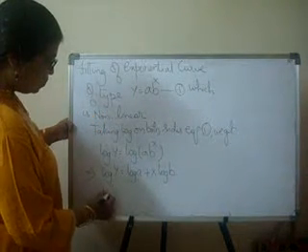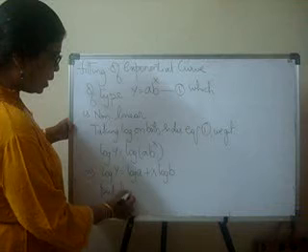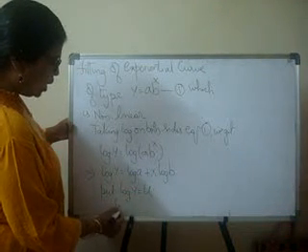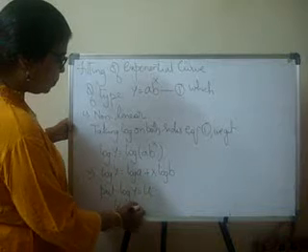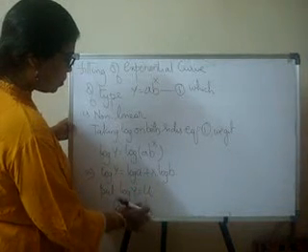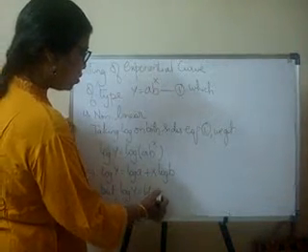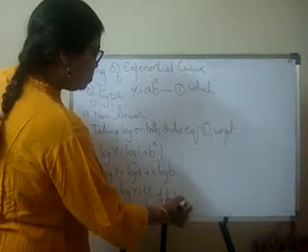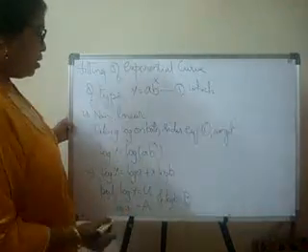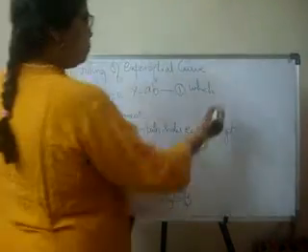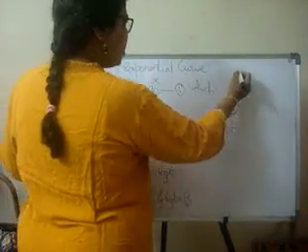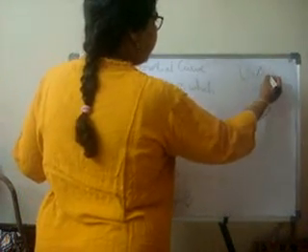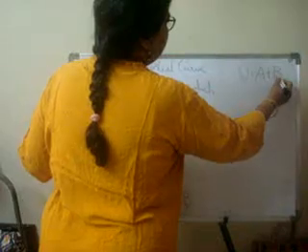Put log y equal to u, log a equal to capital A, and log b equal to capital B. Now the equation will become, log y means u is equal to A plus Bx.